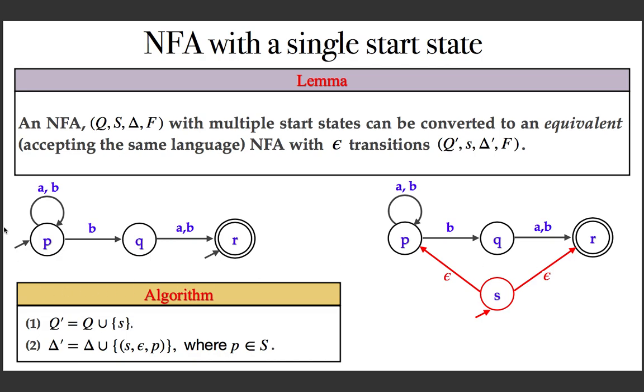That is, for each initial state P in the given NFA, you add a transition from the newly added start state to P with the label epsilon. That's what we did. Okay, so we can have an NFA with a single start state. If the given NFA is having more than one start state, this is what we do to obtain an NFA with a single start state.